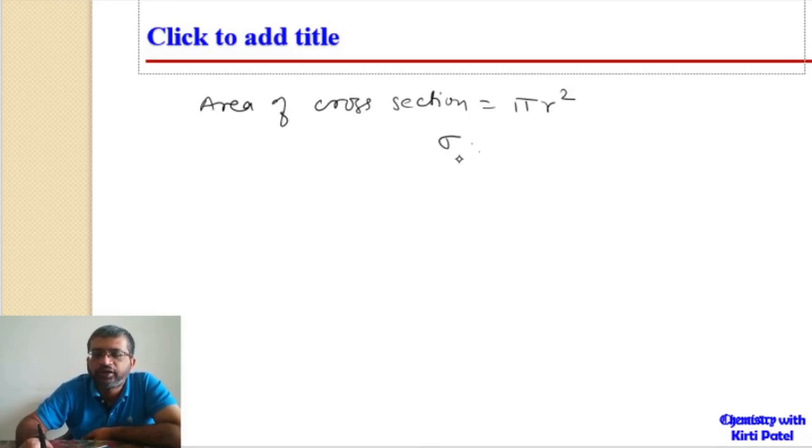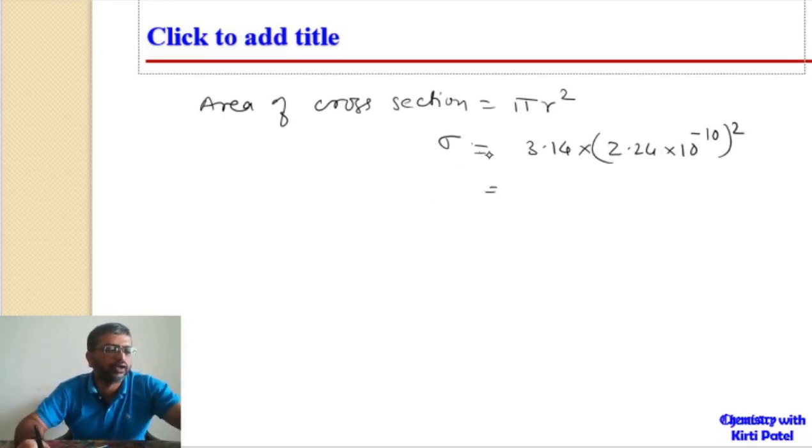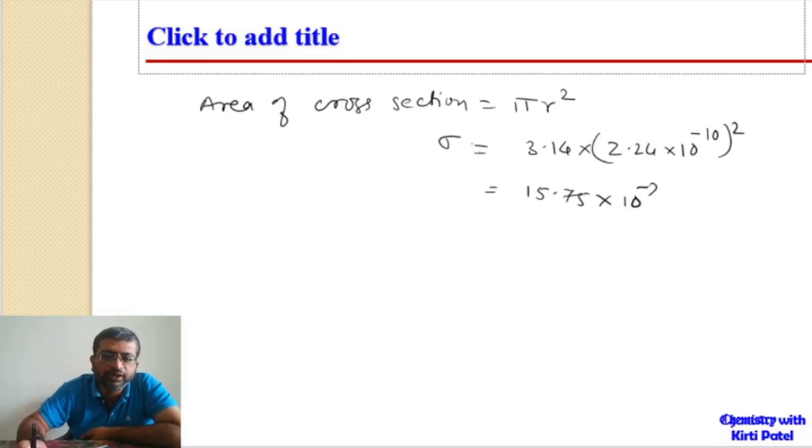So we can get from this 3.14 into 2.24 into 10 raised to minus 10 squared. If we do the square of this and multiply it by 3.14, we will get 15.75 into 10 raised to minus 20 meter square. This will be our area of cross section.